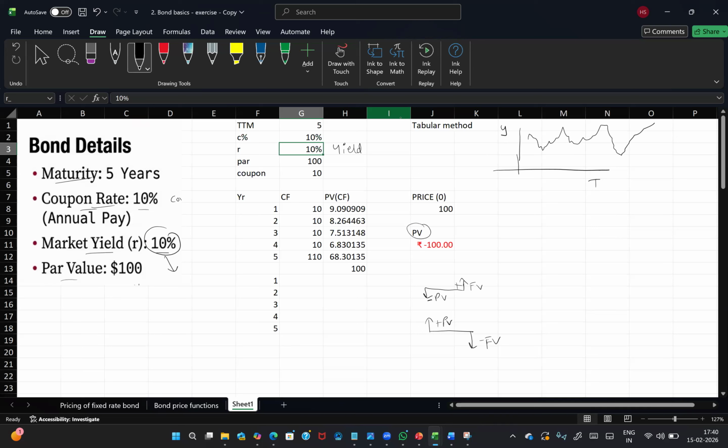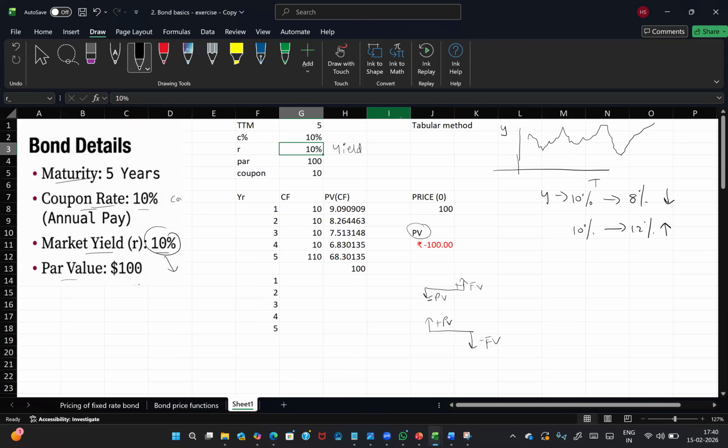Okay. Now the question is, if the yield changes, say from 10% to 8%, which means it goes down in this case, or if it goes from 10% to 12%, which means it increases in the second scenario, then what is the impact on price?